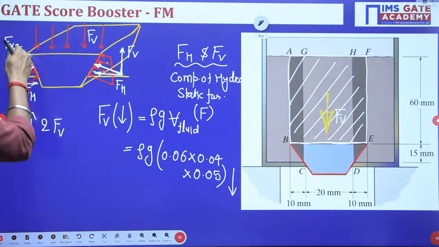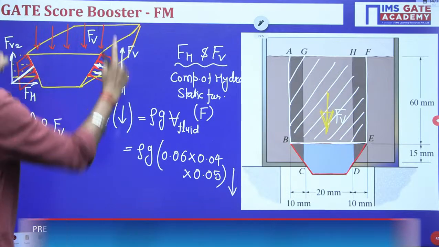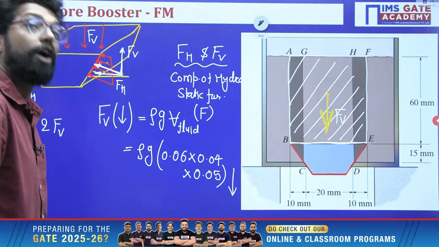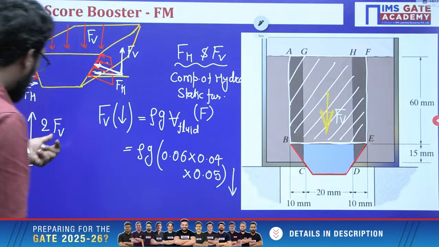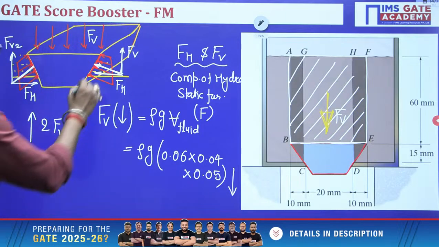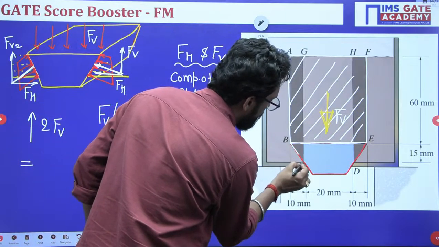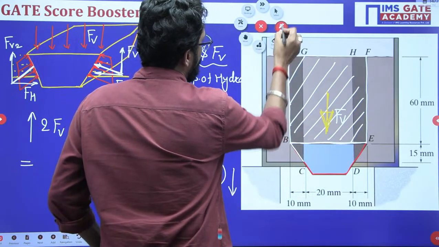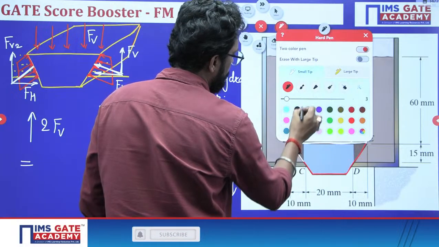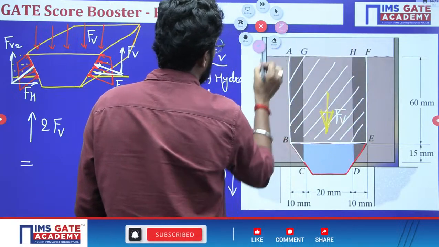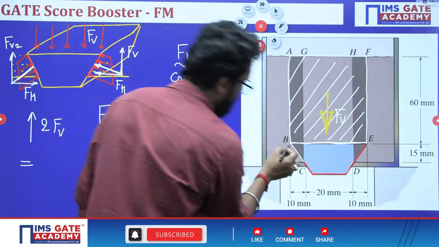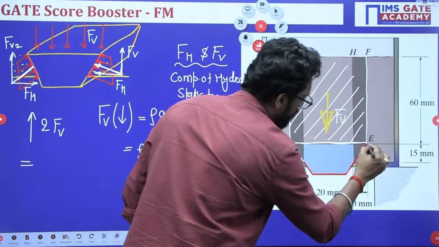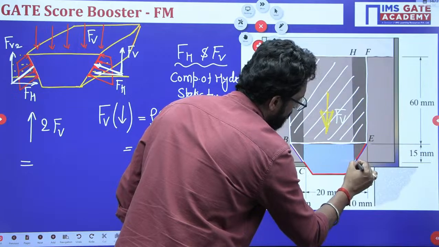Now, here is the fluid which exerts 2 vertical forces, which are upward. How to calculate this vertical force? Take this curved surface. This is one surface which is in contact with the fluid, and this is another surface in contact with the fluid.